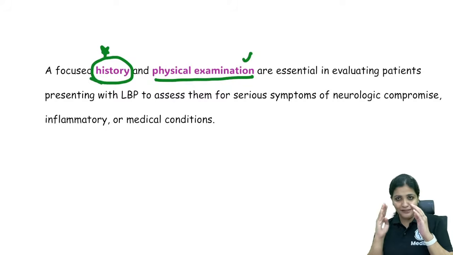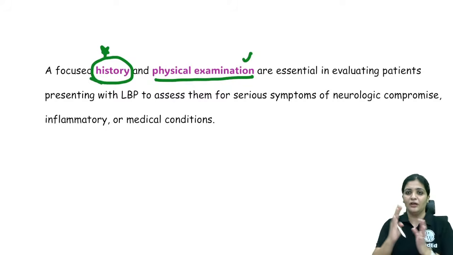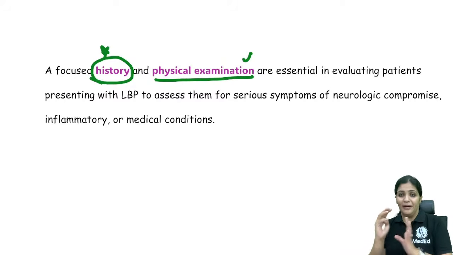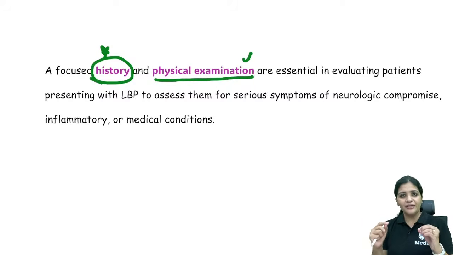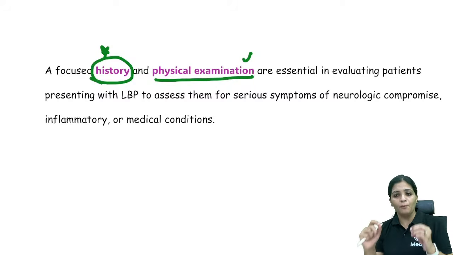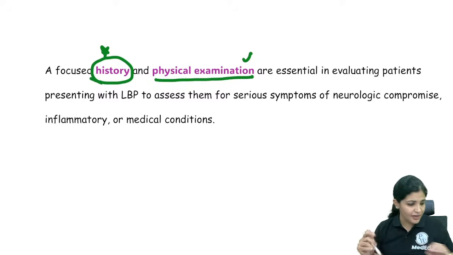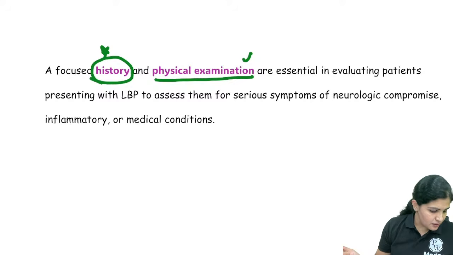Though you know that the most common cause would be non-specific low back pain, the 30% you should not neglect, right? To understand which frame the patient falls in, you have to take a detailed history and a proper physical examination, right?